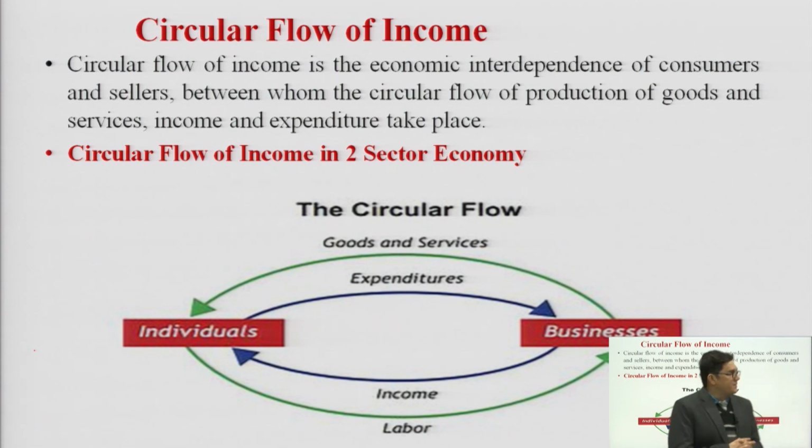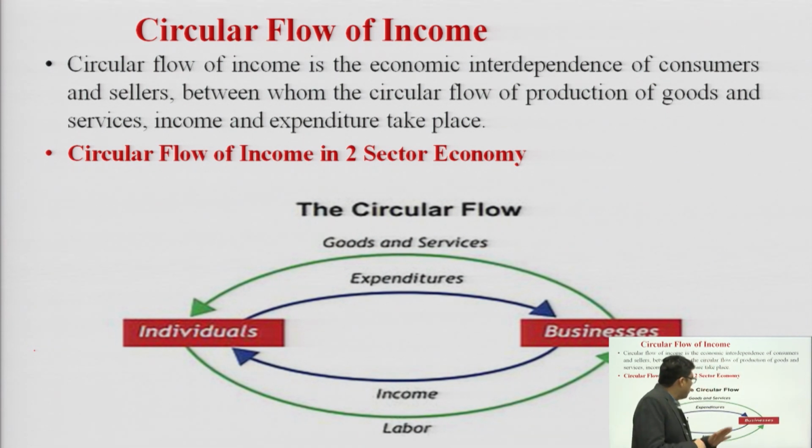So the first is the two sector economy, where there are two parties: the individuals and the businesses. Here, the labor, the people, individuals from society, are working for businesses, working in the companies, helping produce various factors of production, producing various goods and services.